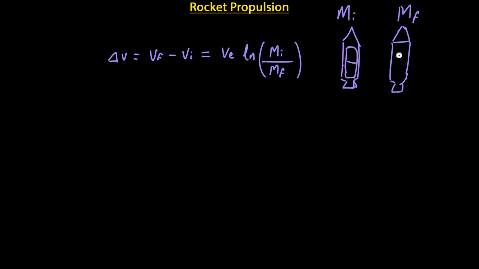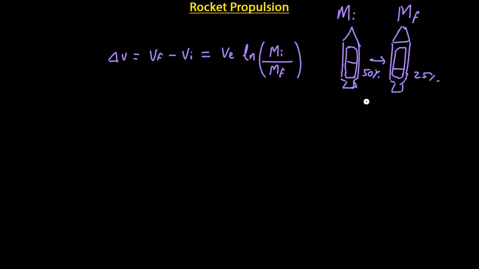So let's say the fuel was about 50% here, and after some time, about 25% of the fuel is remaining, and that would be the final mass of the rocket.